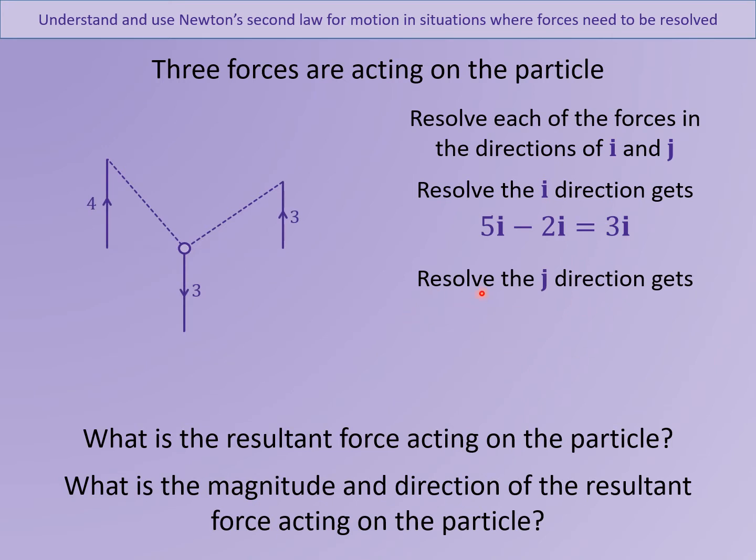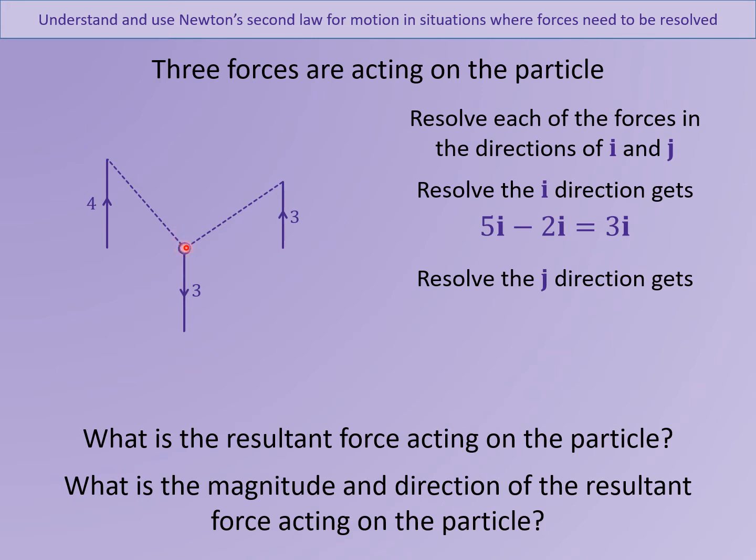Right, let's have a look at the j forces, the components of the j's. So we can see that this one was up 3, this one was up 4, and this one was down 3. If you consider what's happening to this particle here, you've got two forces pulling upwards, one of force 4 and one of force 3, and one force pulling down with a 3.